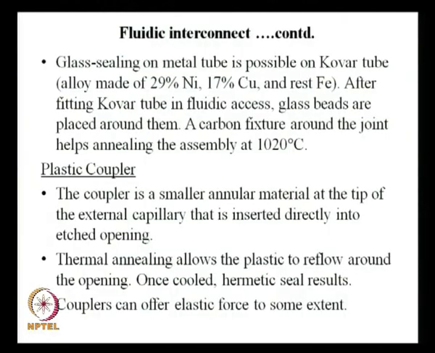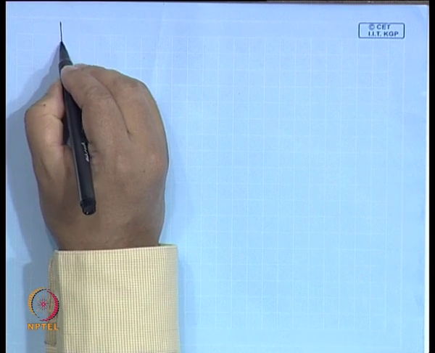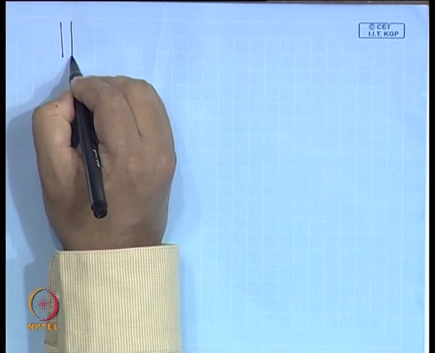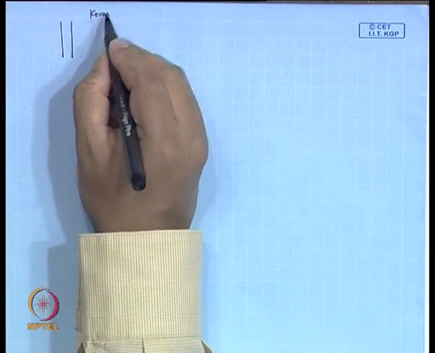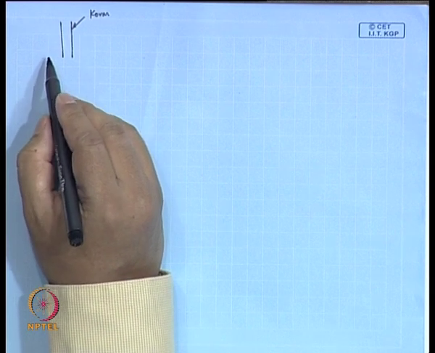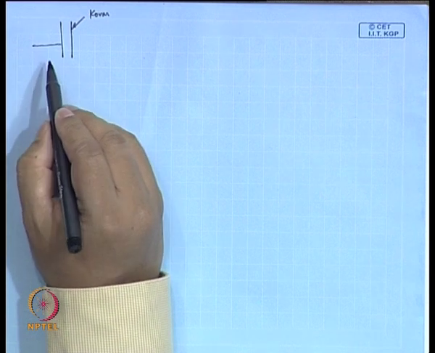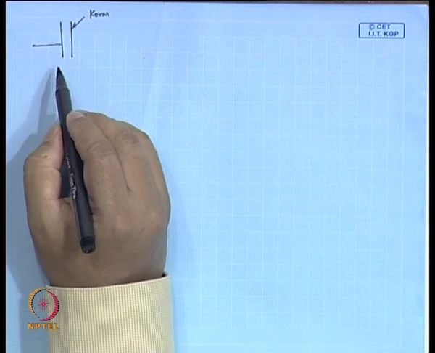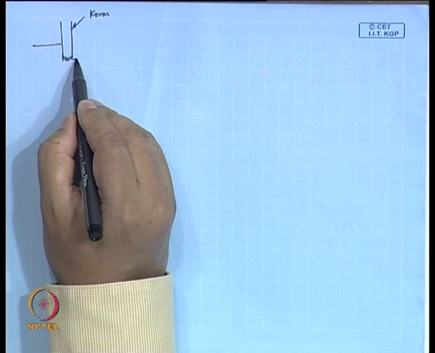And this tube, basically what you do here is you take the tube. Suppose this is the Kovar material, this is the Kovar tube, and on this is the place where you have the roughened portion.